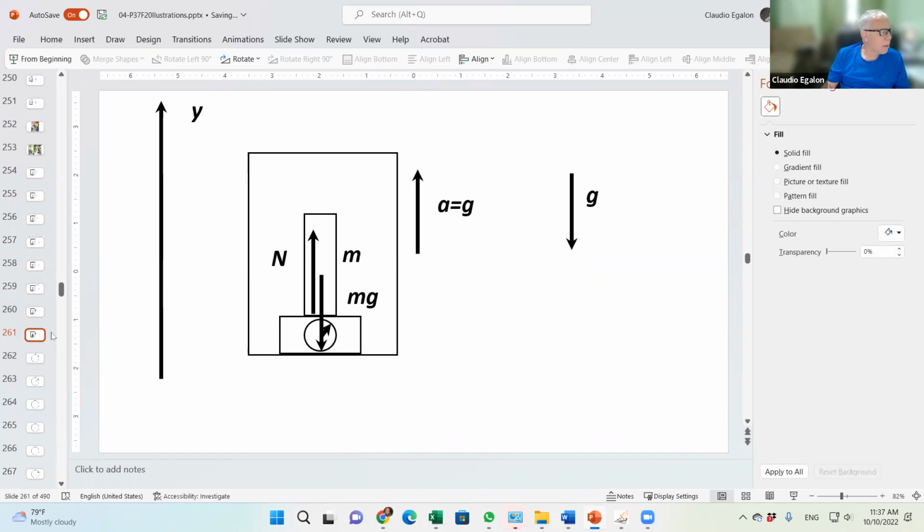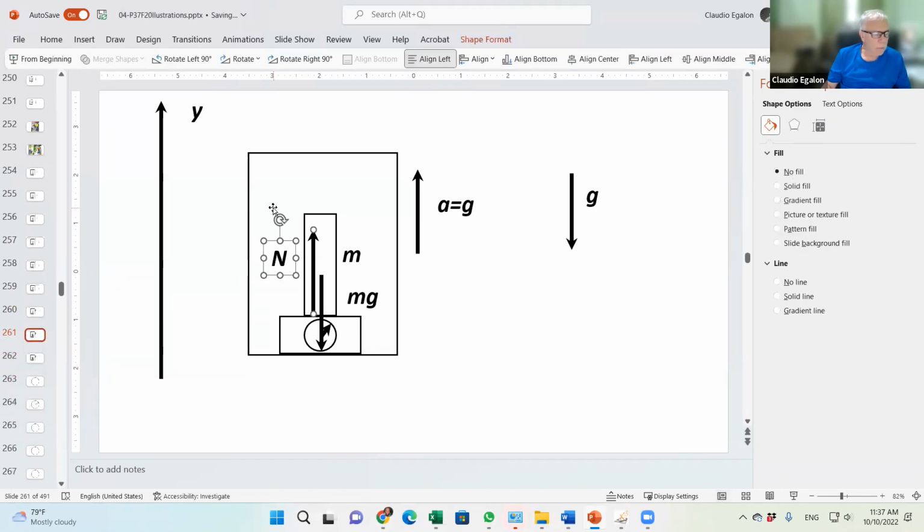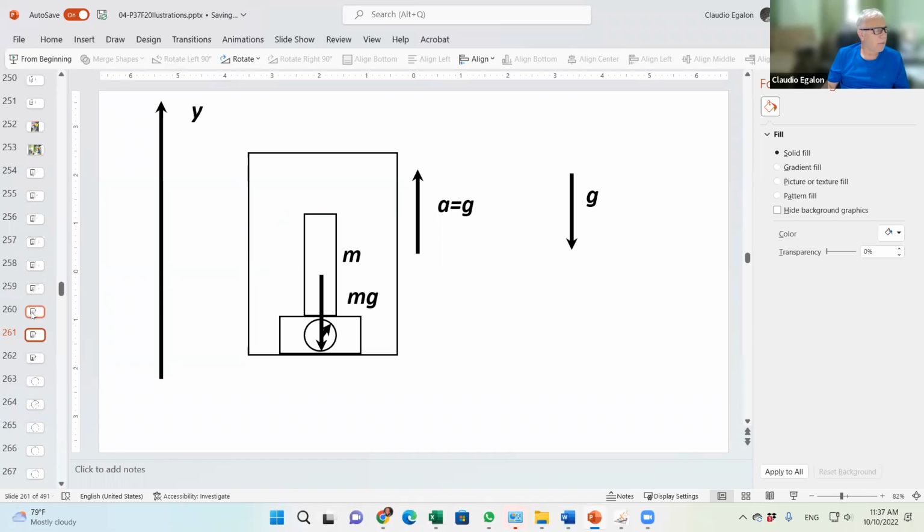So what we are going to do here, we start with this one. I like to do it step by step so I do not overwhelm you with too much stuff. That's the first slide. That's the second slide with the weight in there. That's the third slide with the normal.